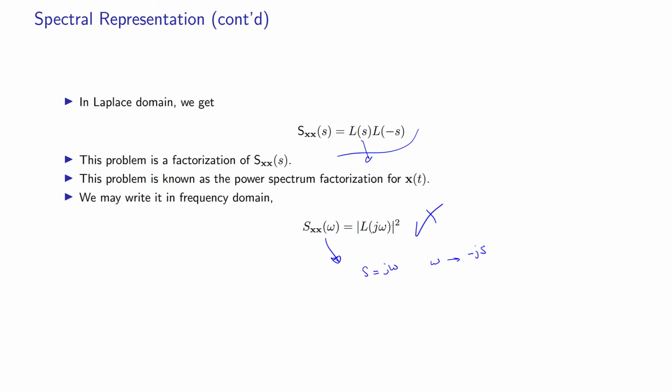If your function is a function of omega squared, you replace s squared with minus omega squared. So you replace this by that, and then you get this function, and you go from there.